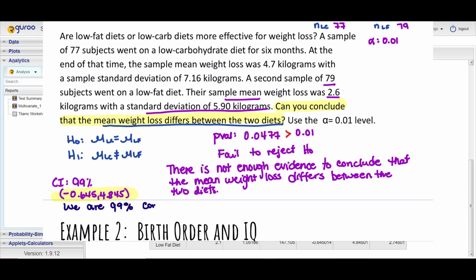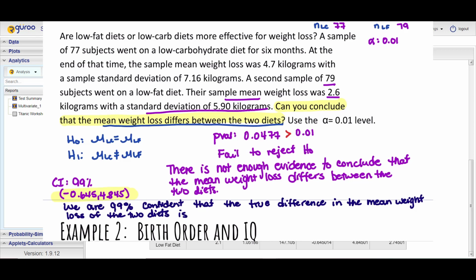We're 99% confident that the true difference in the mean weight loss of the two diets is between negative 0.645 and 4.845.